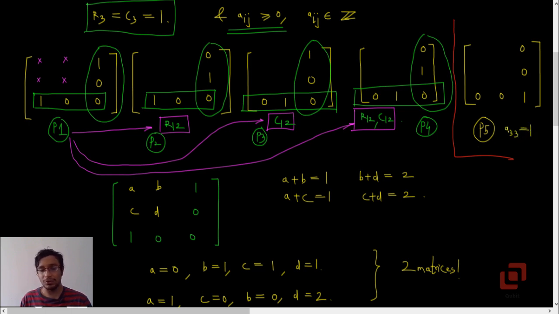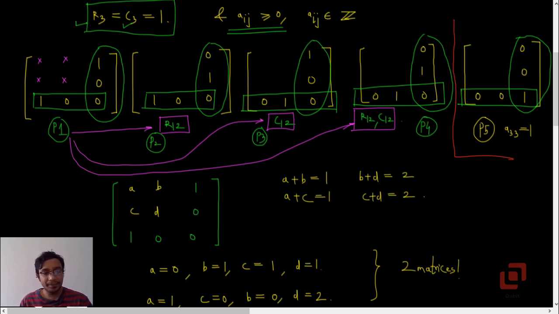That forces us to take all the other entries in the third row and third column to 0, so 0 0 1 and 0 0 1. So these are the 5 possibilities of 3 by 3 matrices with non-negative integer entries, provided that the sum of all elements in their third row and third column is equal to 1. So there are at least 5 matrices now, correct?